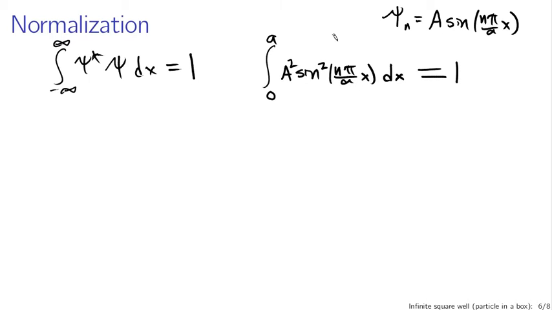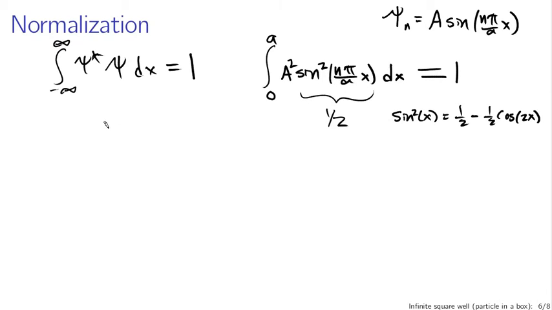And if you're integrating over an integer number of cycles, sine squared effectively averages out to a half. If you want to do the integral here more rigorously, you can make the substitution that sine squared of x is a half minus a half cosine of 2x. And the integral of cosine you can do. But for now, I'm just going to simplify this and say the sine squared part here averages out to a half.